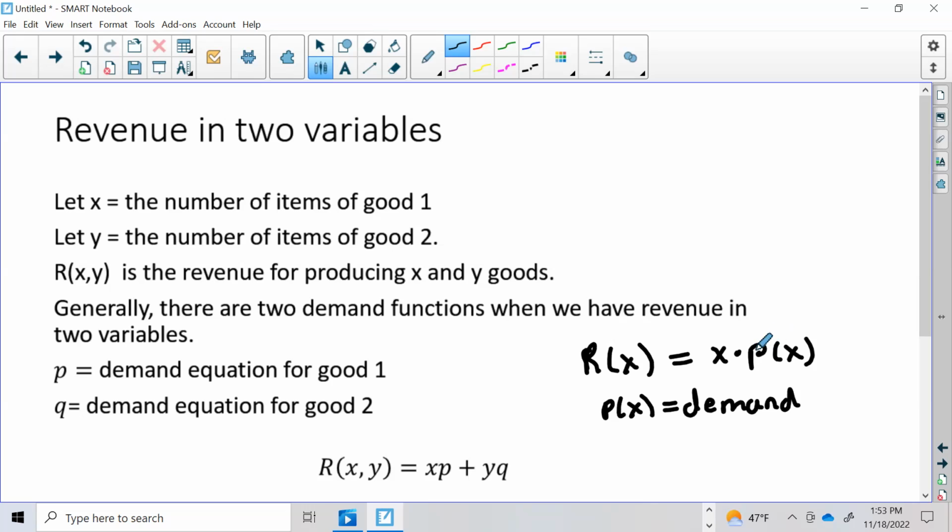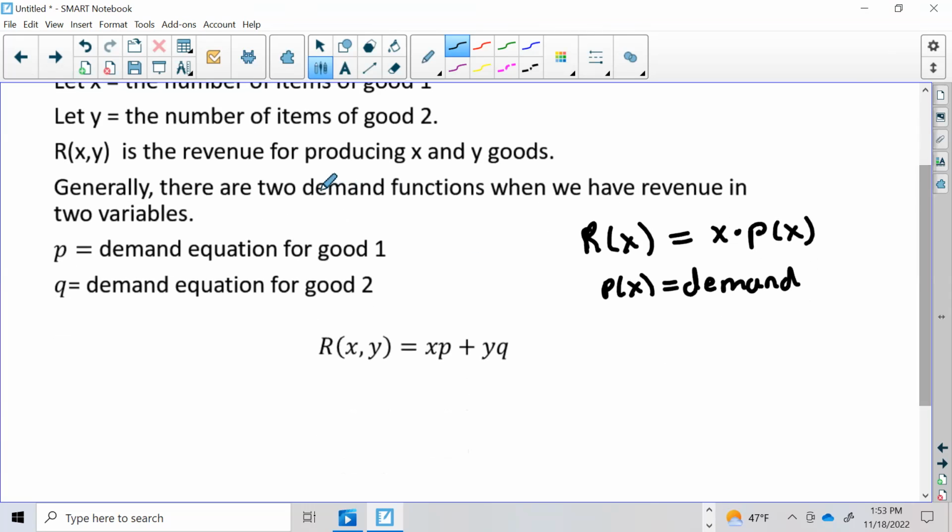And again, the demand function gives us that price per item in order to get our revenue. And so the revenue of 2 functions is the same idea. So we're going to have 2 demand functions when we have a revenue in 2 variables. We often define them as p and q. So p is the demand equation for good 1, q is the demand equation for good 2.